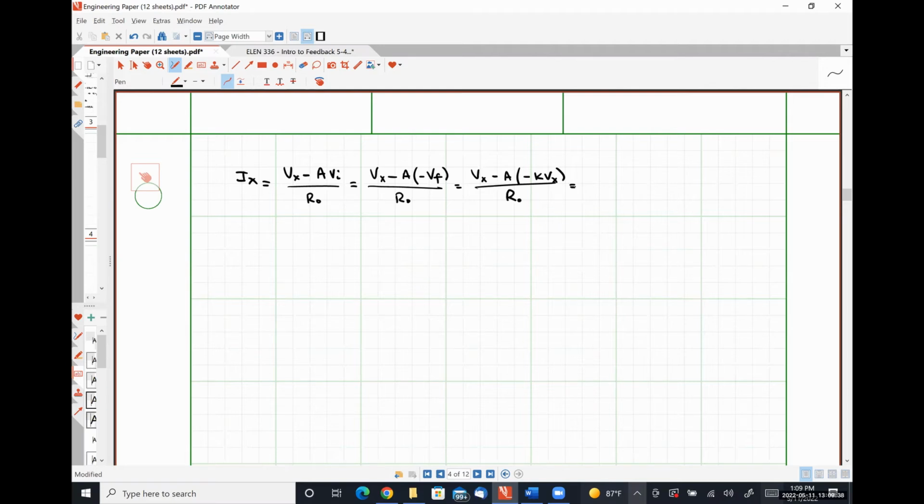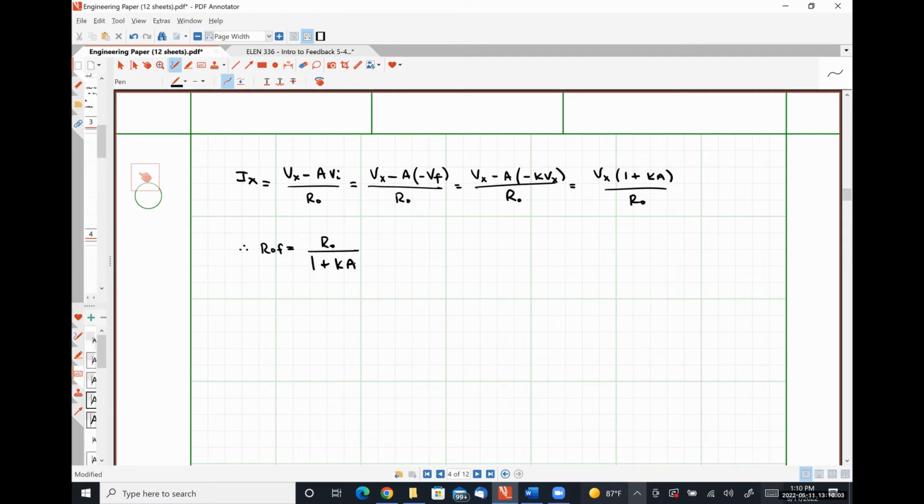And with a little bit of math, we then have Vx multiplied by 1 plus Ka over R naught. And from this, our output resistance with feedback becomes R naught over 1 plus Ka.